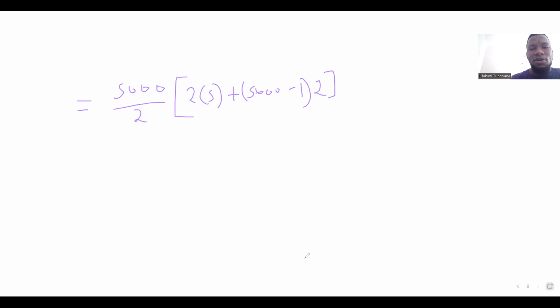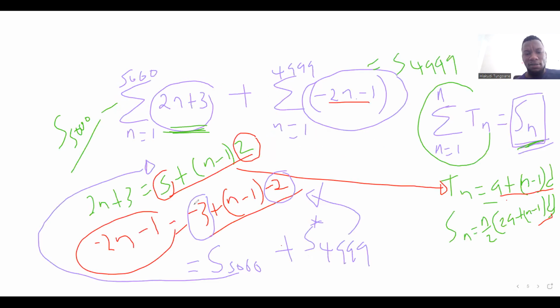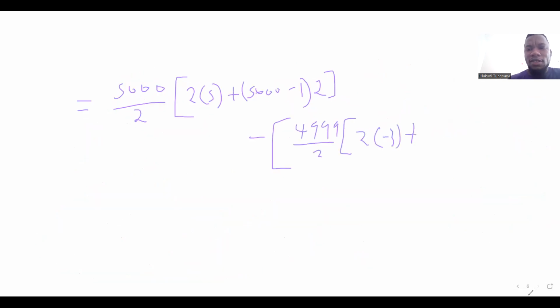And then we're going to subtract the other formula, which is 4,999 over 2. And then what was A? A was minus 3, remember? A was minus 3. So that's going to be minus 3 plus 4,999 minus 1. What was D? D was minus 2.